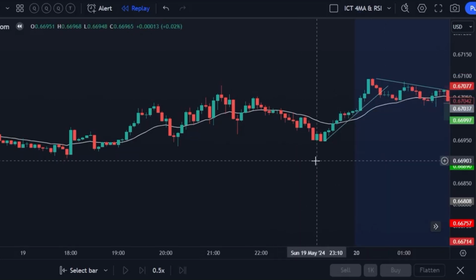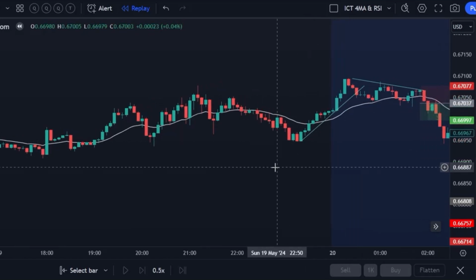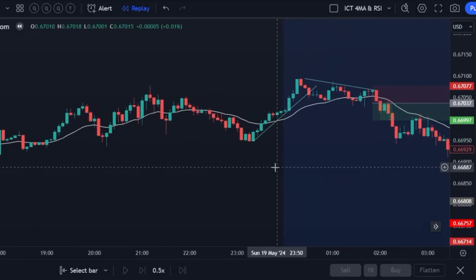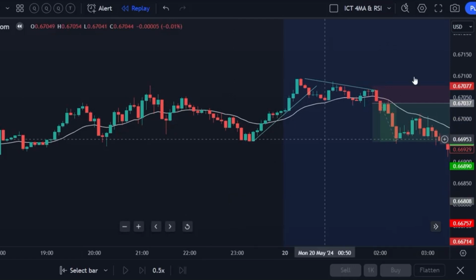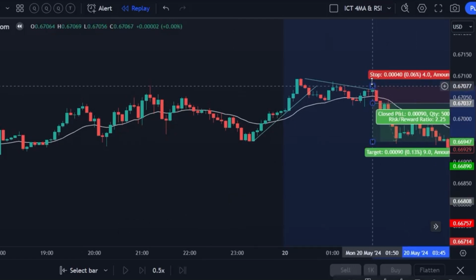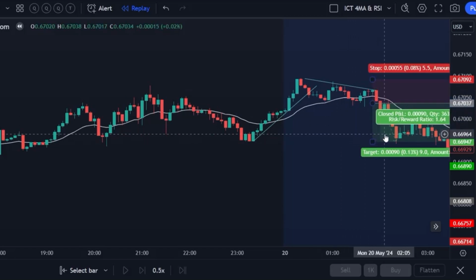Take profit is down here, and that happens pretty quickly. Your stop loss is above that second trendline touch for 1.6.